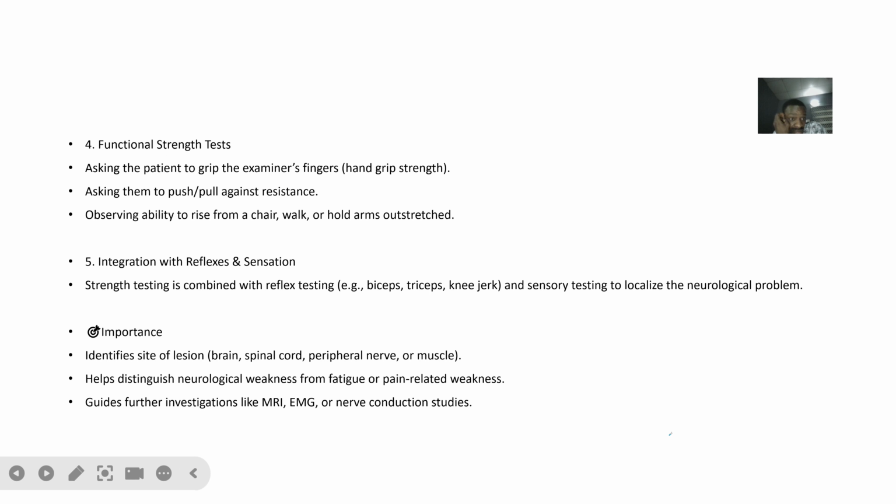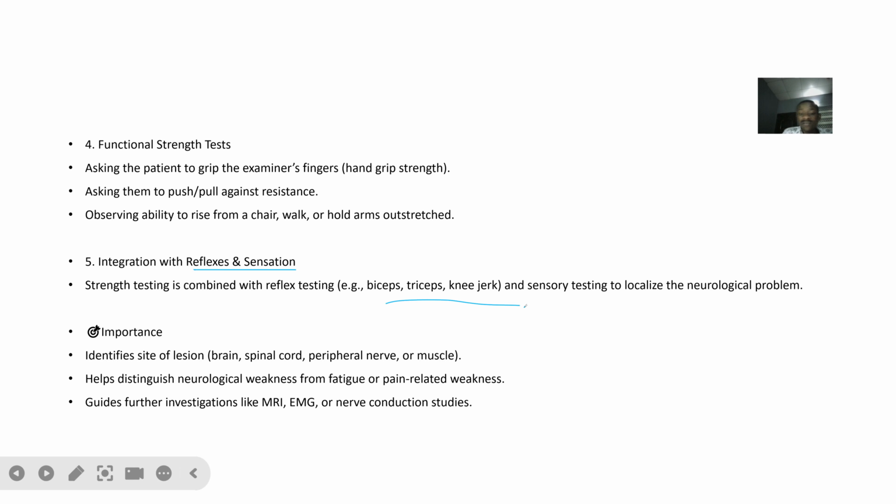For the functional strength test, you're asking the patient to grip something, hold something, or push something away. This time probably it is not you, maybe it's an object. Sometimes you're also stepping away to observe how they are walking, how they are moving from the chair, and all of that. You integrate this with reflex testing: biceps reflex, triceps reflex, knee jerk.